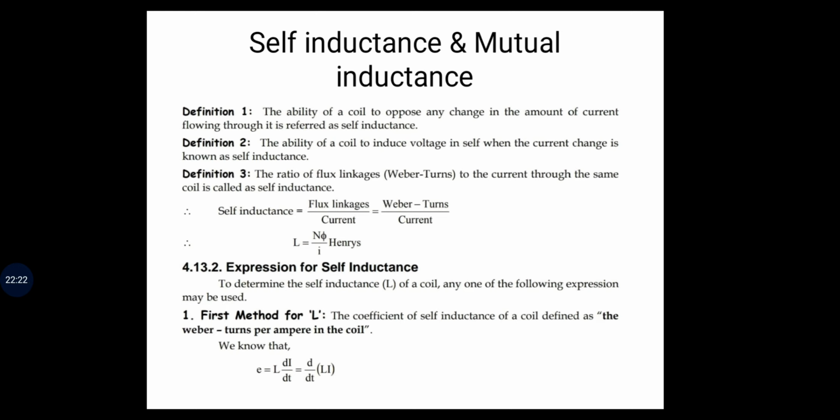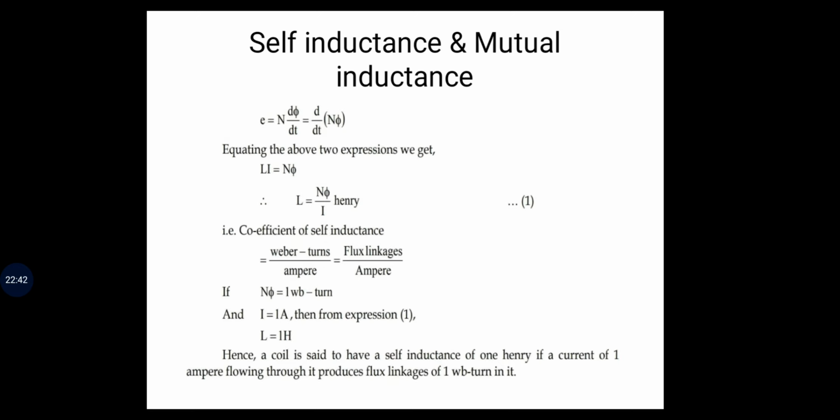That is, V equal to L into di by dt, that is d by dt into Li, which equals N into d phi by dt, that is d by dt into N phi.